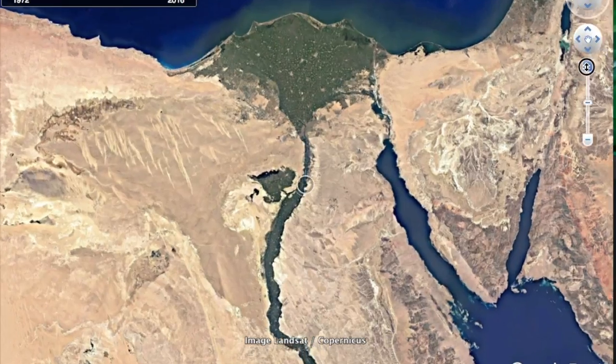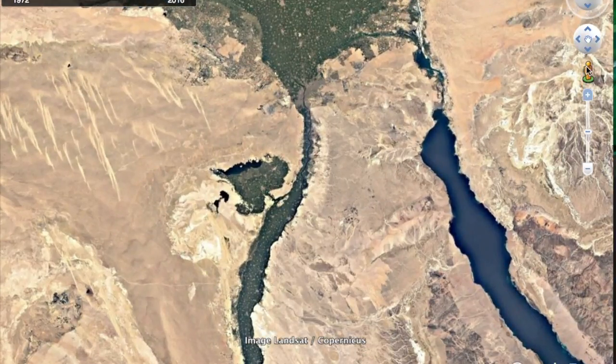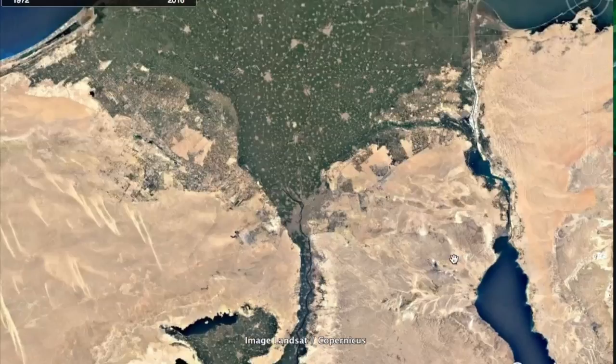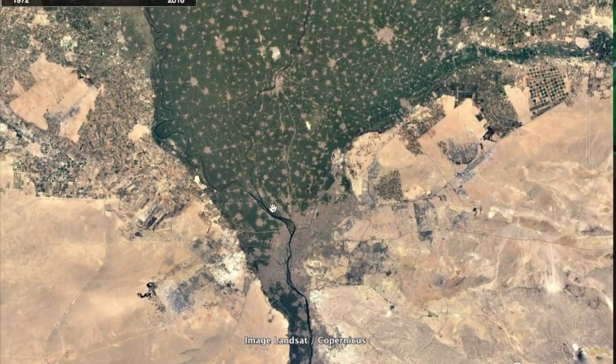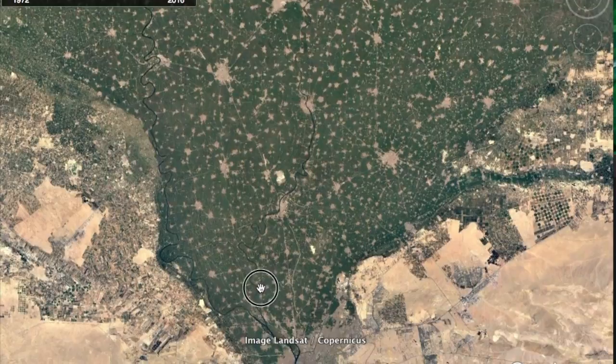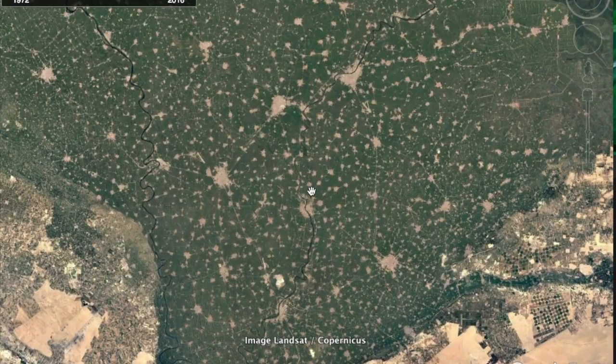And if you drill in very closely here, you can see where the Nile, up here, sort of snakes off into, look at this, it's snaking off here and it's snaking off here, and it's basically dropping sediment, making this delta area also extremely fertile.